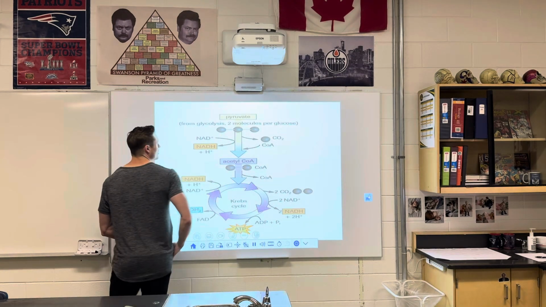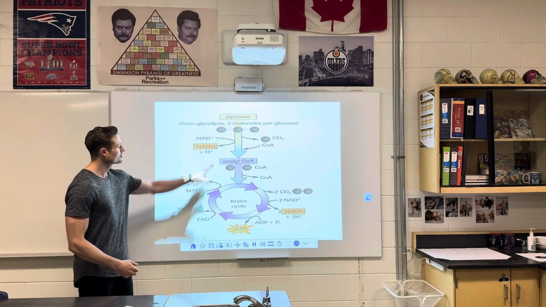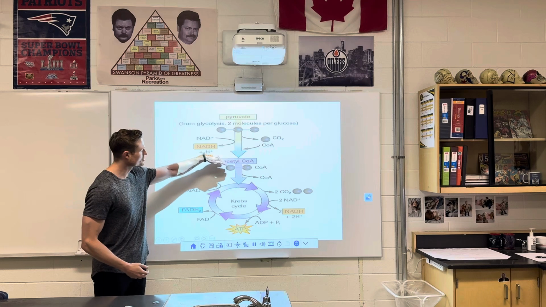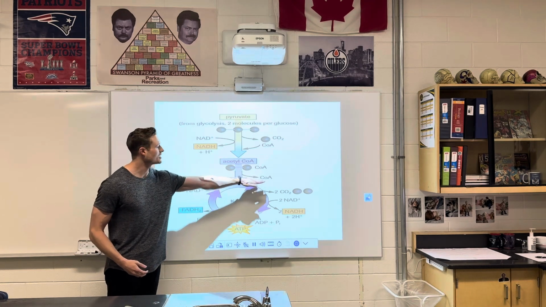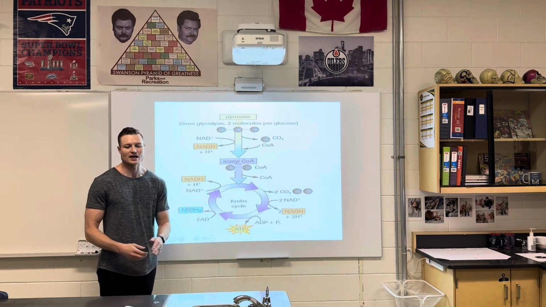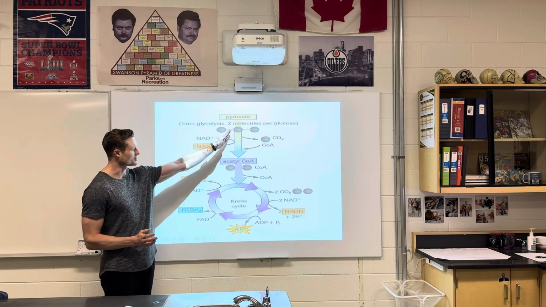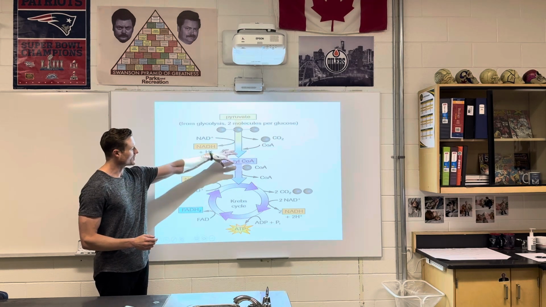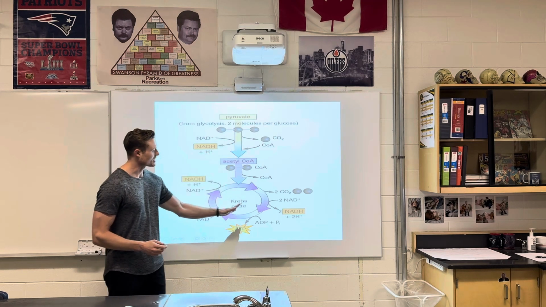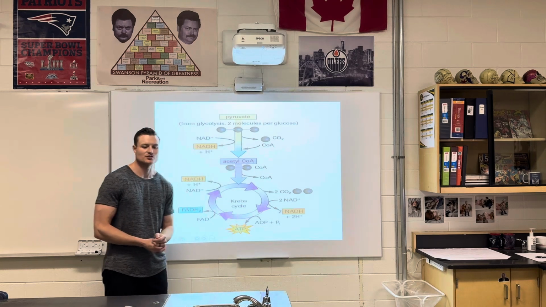So we're going to run our pyruvate through the Krebs cycle. When we do, we actually remove the coenzyme A and it gets recycled to be used again in the upper step of pyruvate oxidation. We're going to take the final 2 carbons and attach them to oxygen to make CO2.